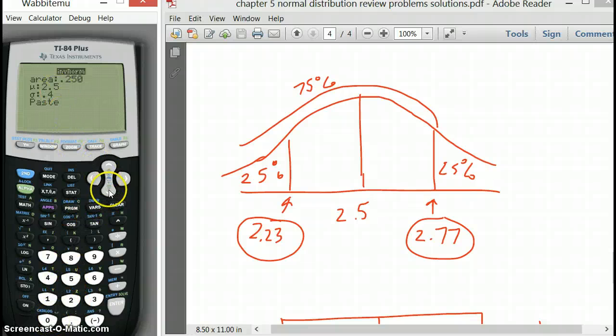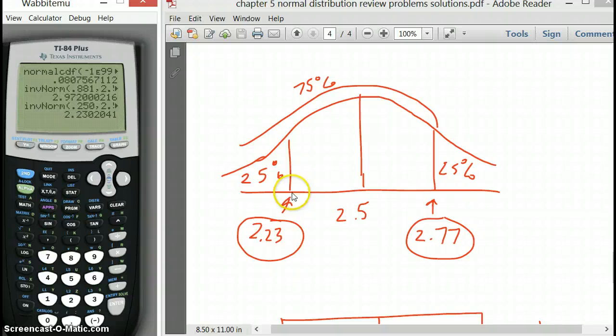And then the mean and the standard deviation are the same as before. So let's figure out what the GPA would be at this division. It's going to be 2.23. So 2.23 is the GPA which divides the lowest 25% from the rest of the school, or the rest of the 11th grade. What about this number?